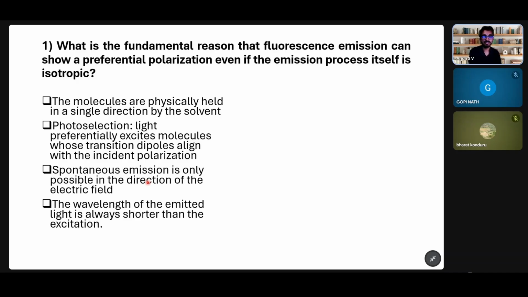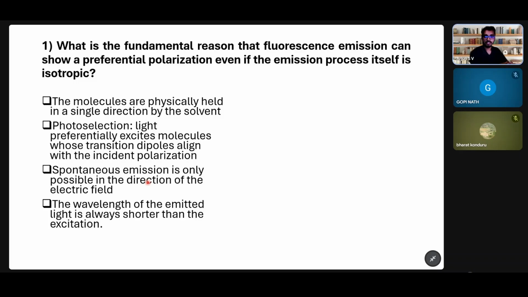And we'll go over all the options as well. One also cannot be the right answer because in a solvent, if we are taking a liquid system, your molecules are not held in a single direction. They have much more freedom of movement than molecules aligned in the solid state, for example.